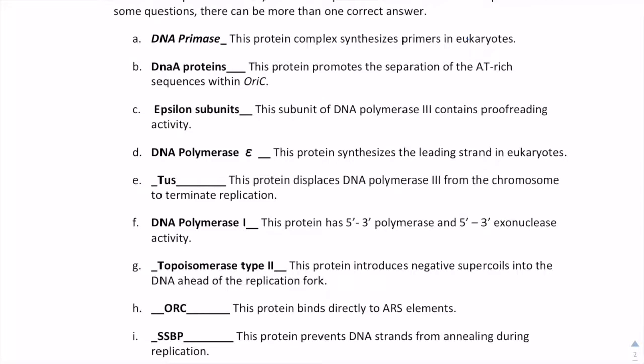Okay, let's do number 2. So number 2 is one of the fill in the blank, and a lot of this comes directly from the reading packet. But with number 1, DNA primase, its main role is a protein complex that synthesizes primers in eukaryotes. And a key way to remember this: the "ase" at the end of the word means to synthesize, and then DNA primase, so it synthesizes primers.